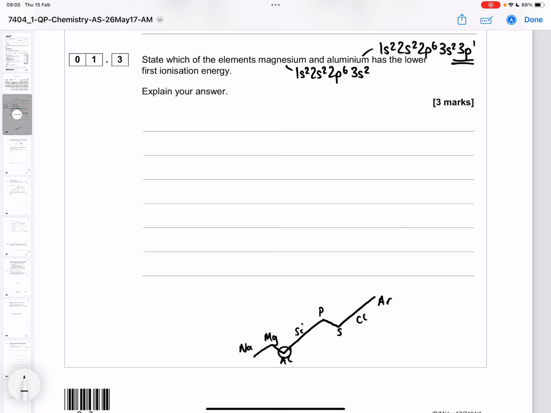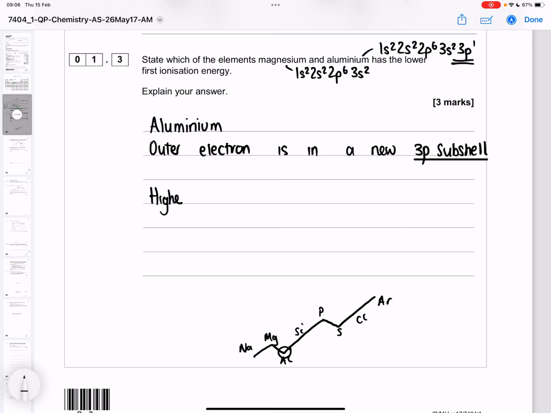So which has the lower first ionization energy? Then we're going to say aluminium has the lower. Aluminium is one of those little exceptions. It's a dip. So aluminium has the lower, because the outer electron, the one that we're trying to remove, is in a new 3p subshell. So we're in a new subshell, and that subshell is higher in energy.